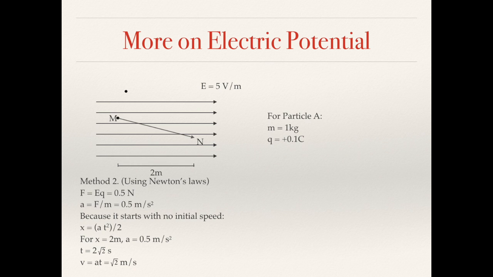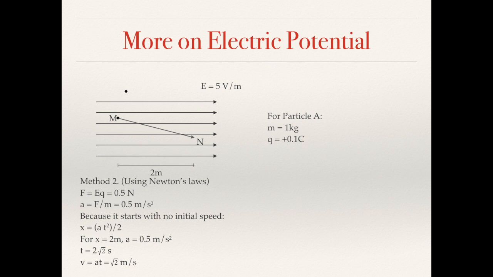It is equal to 5 volts per meter times 0.1 coulomb, which is 0.5 newtons. So the acceleration of the particle is equal to F over m, which is again 0.5 meters per second squared.